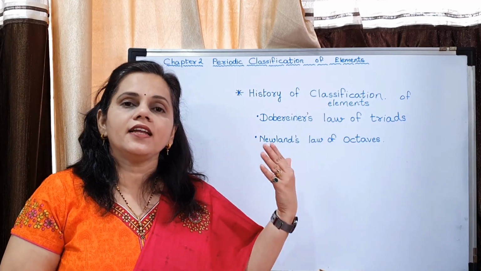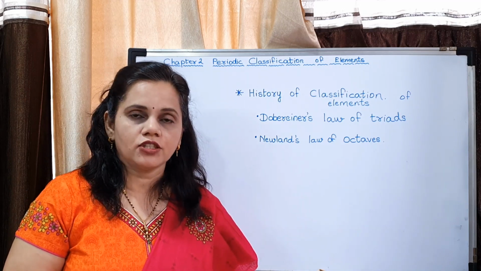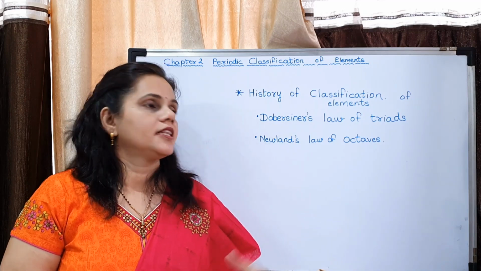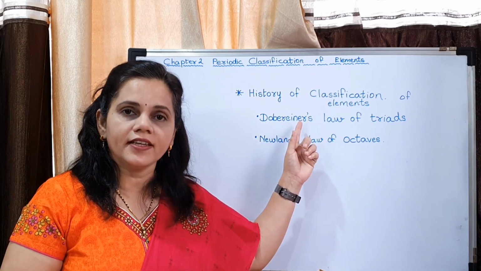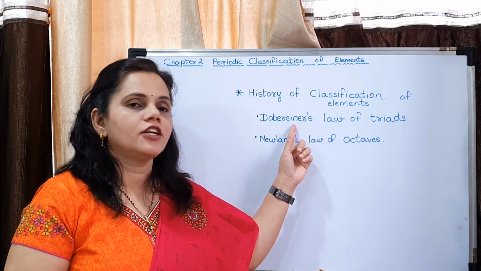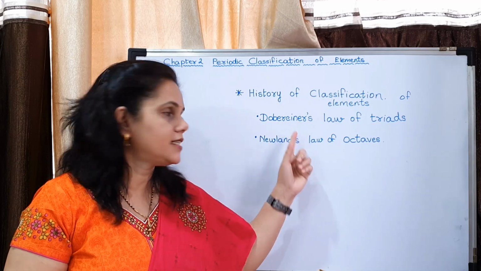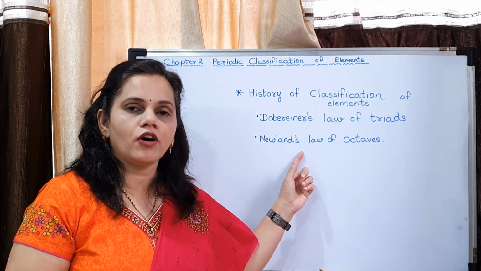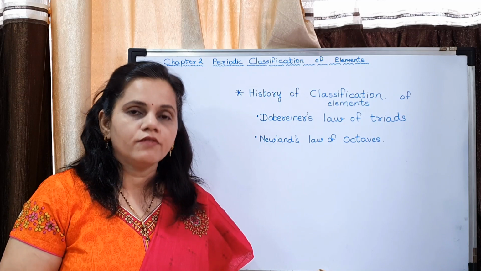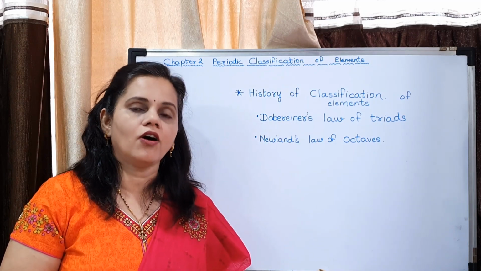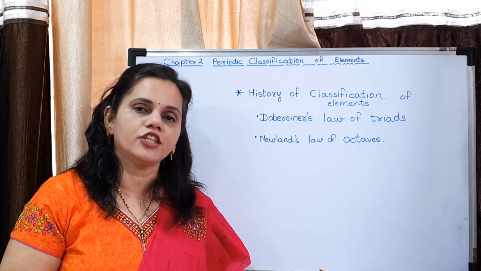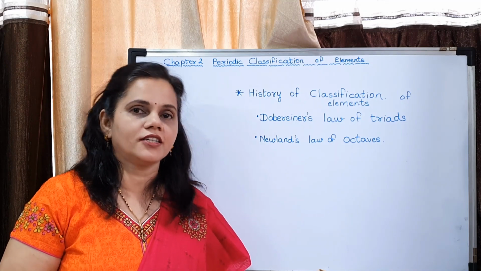There are several theories on classification of elements, but the ones which we have in our syllabus are Dobereiner's law of triads and Newland's law of octaves. Today we will be covering these two topics.